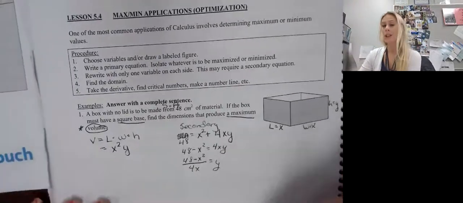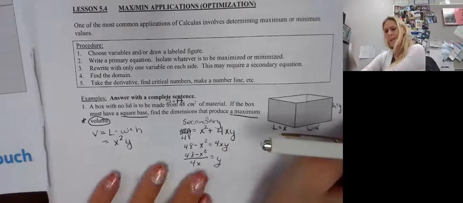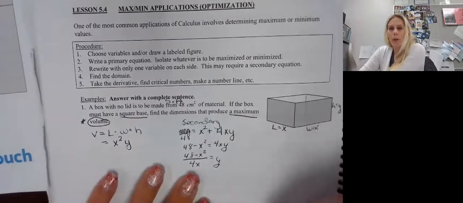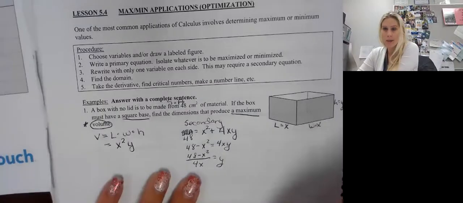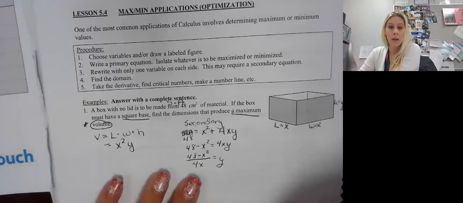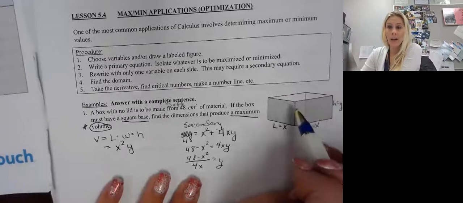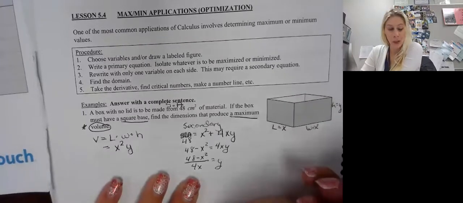Right here, we can actually talk about domain before we plug it in, right? Because what can't we have? Well, we would never have a zero length anyways. And what is our max for the surface area? It's 48.